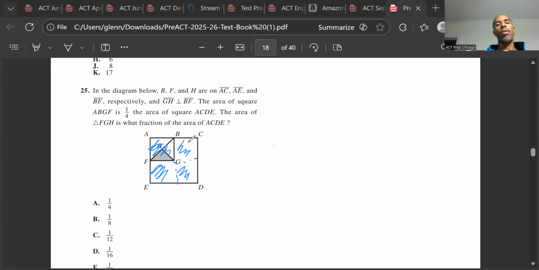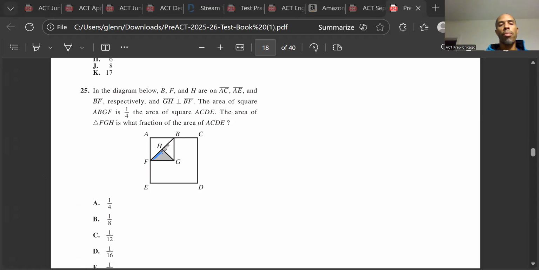Now it says the area of triangle FGH is what fraction of the area of ACDE? So when we look at this triangle, we ask what fraction of the area of the whole thing it is.